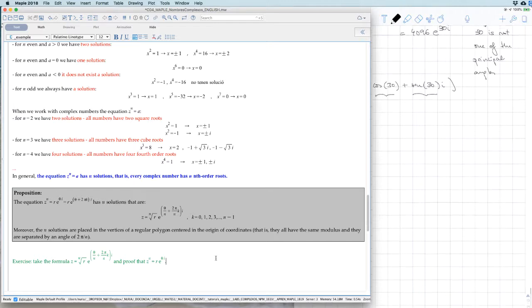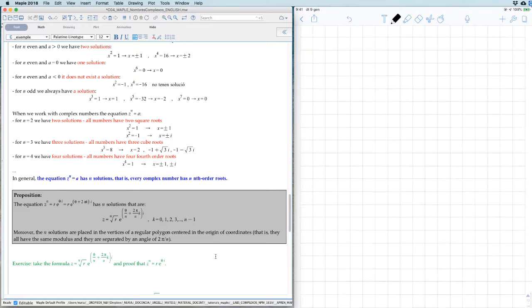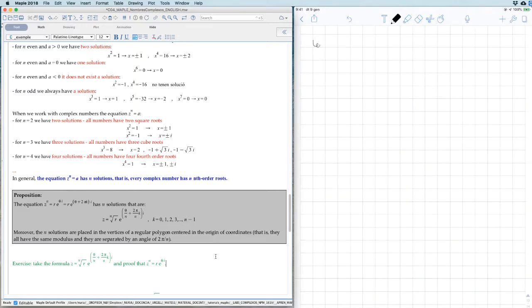So let's prove this proposition. Let's prove that the solutions of the equation z to the power n equal to r e to the i theta are z equal to, we take the nth root of r, remember that this can also be written as this one, and then when we take powers we multiply by n, when we take roots we divide by n.